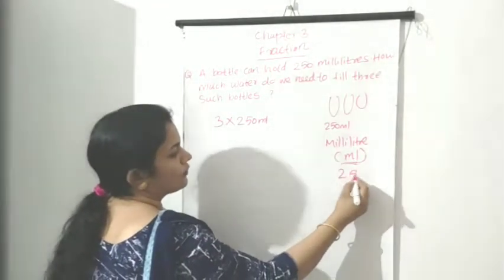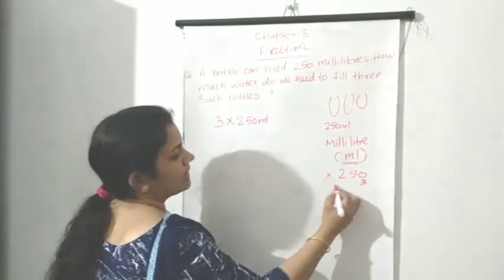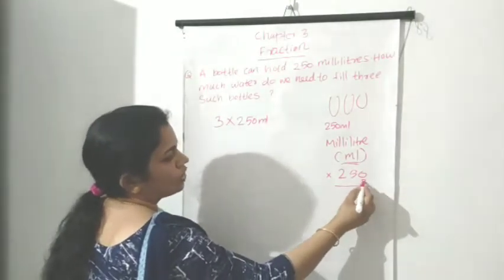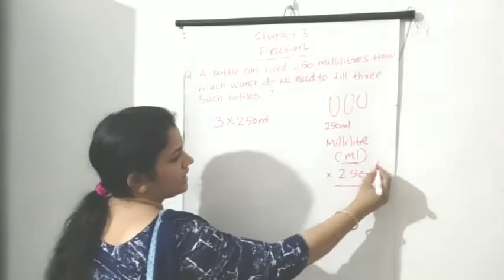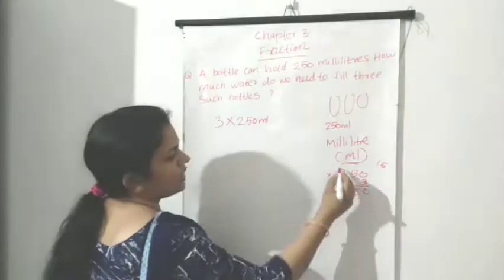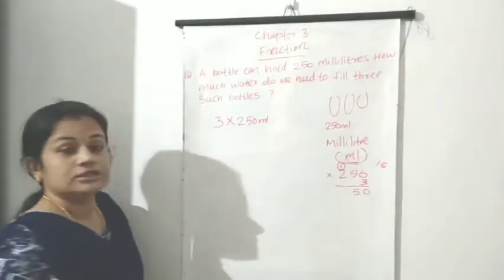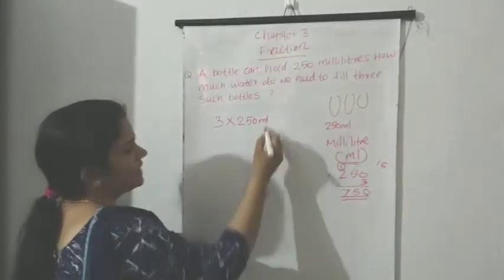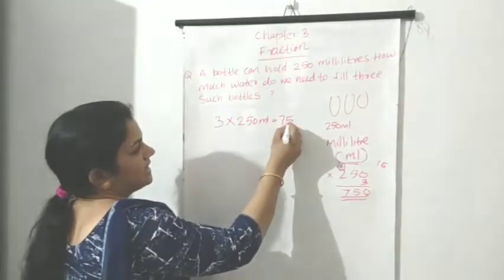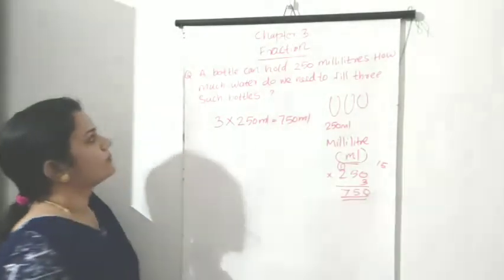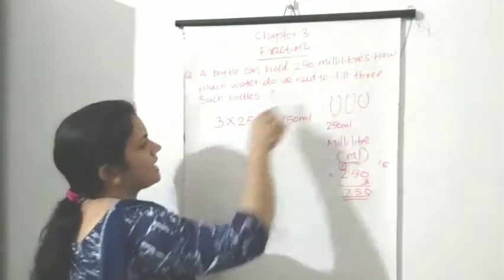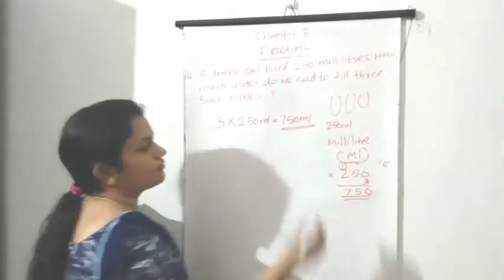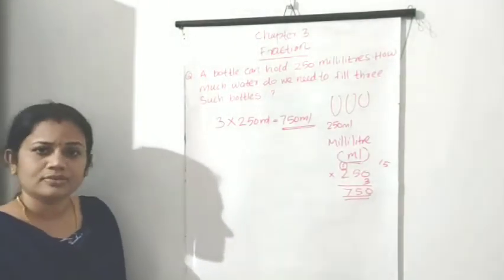So 250 into 3. 3 5s are 15, 5 is right here, 1 is the carryover. 3 2s are 6, 6 plus 1 is 7. So we can write this is 750 milliliter. So 3 bottles can hold 750 milliliter.